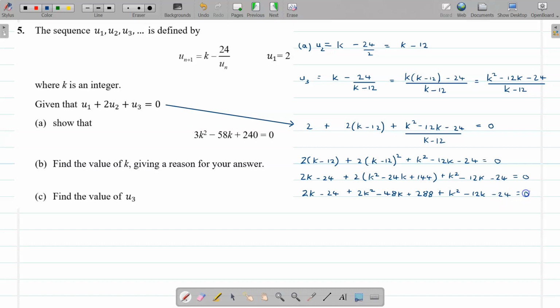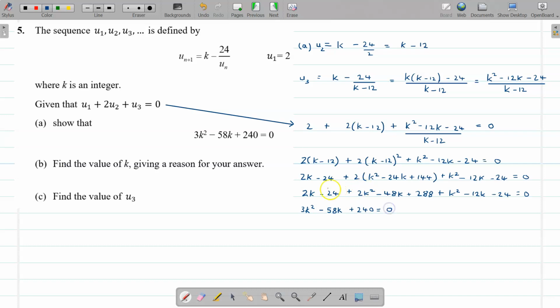Now I need to start gathering terms together. So I've got 3k squared, and in fact at this point I can see the rest of the result. So 3k squared minus 58k plus 240 equals 0, which is the result I had to prove.